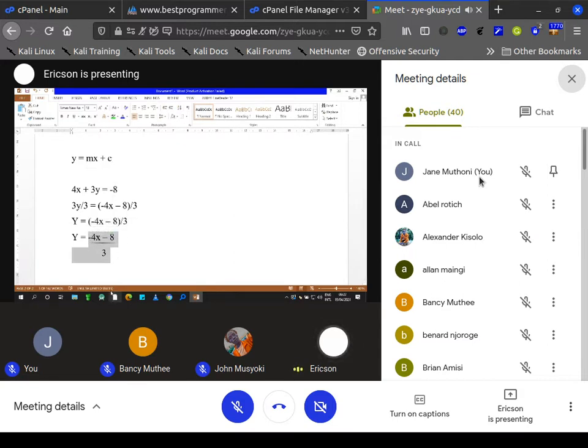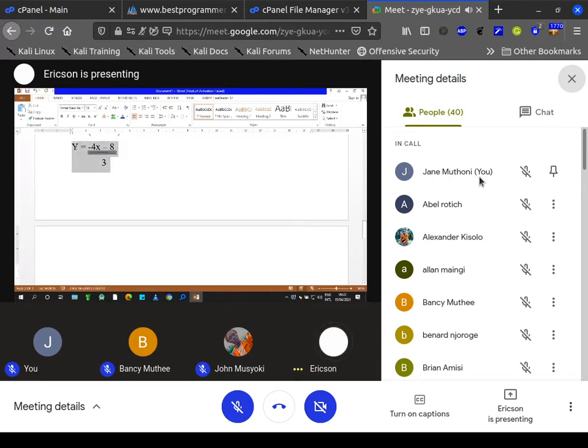So this equation can also be written as y equal to negative 4. Here we just divide each individual value by these 3.